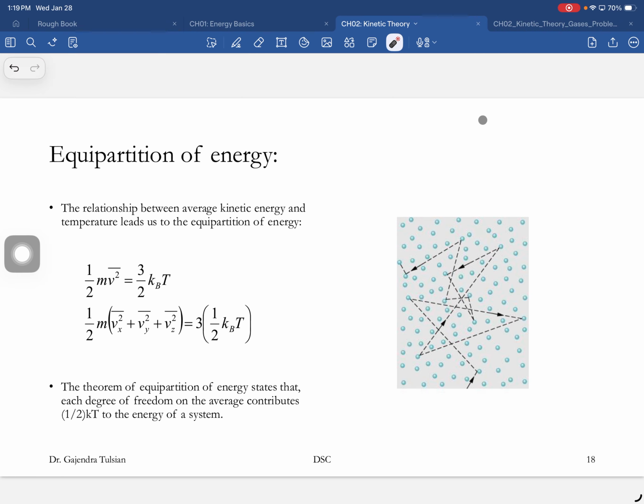So the energy of the system will be N, the number of molecules, times F degrees of freedom, and each degree of freedom contributes 1/2 kT to the energy. See, it's that simple to calculate the energy of a system with the equipartition of energy. Very important relationship. So the theorem of equipartition of energy states that each degree of freedom on the average contributes 1/2 kT to the energy of the system.